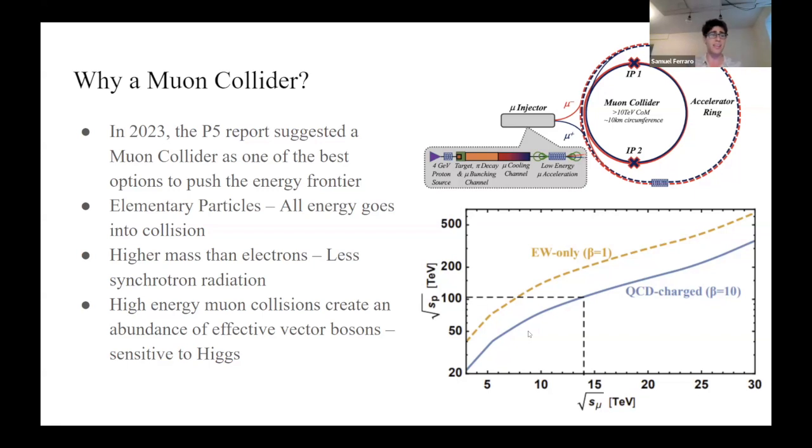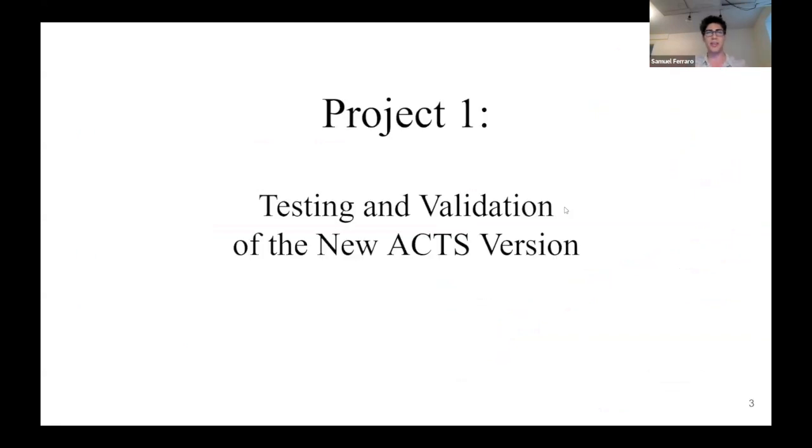In addition, high-energy muon collisions create a lot of effective vector bosons, which are very sensitive to the Higgs. So at a high luminosity muon collider like is being proposed, you have a lot of sensitivity to the Higgs boson. You can get much stronger constraints on the parameters around it, which is important for current particle physics. So in general, this is a good future collider.